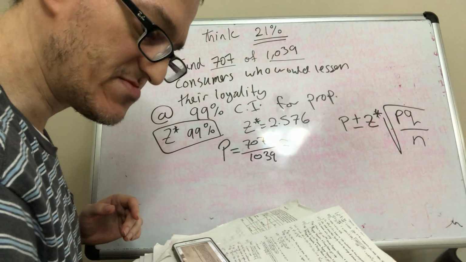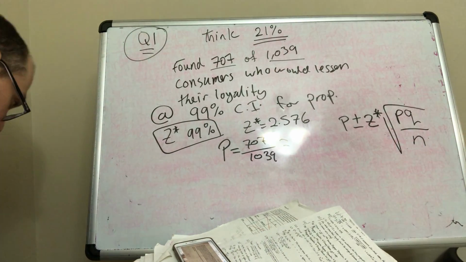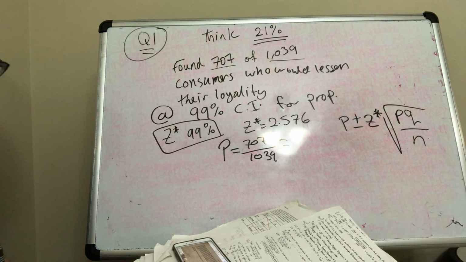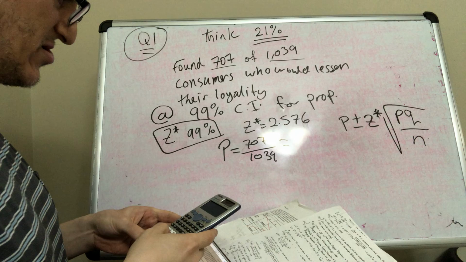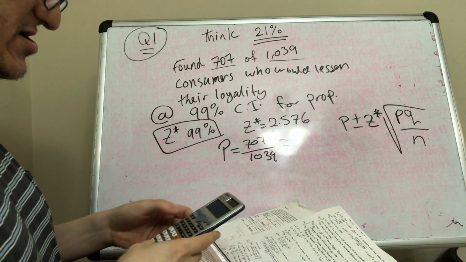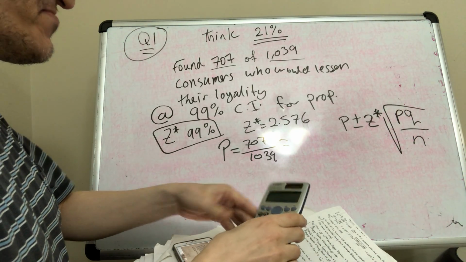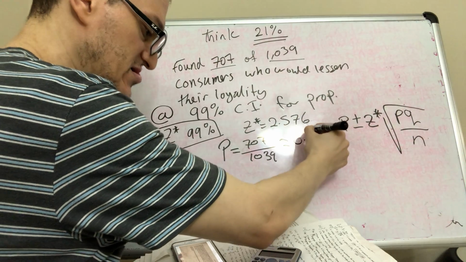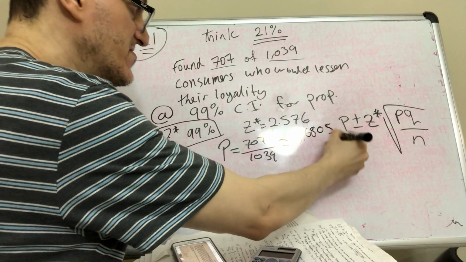and put it in here. So 707 over 1,039. This percentage is 0.6805.